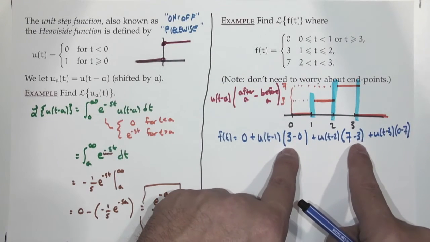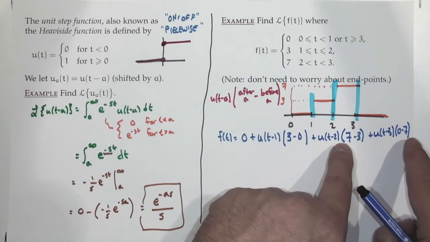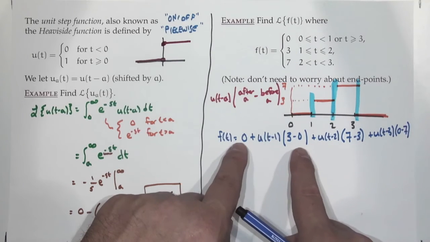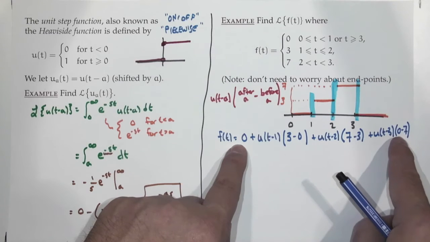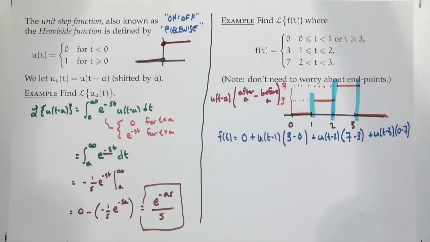Now if you're all the way out here, say at 4, everything's on. The 3 and the minus 3 cancel. The 7 and the minus 7 cancel. This 0 and that 0 cancel. And the only thing that's left is that 0. So that's why it works. It's this sort of cascading thing. If you have a piecewise function, you just have your on-off switches. Then you say, what happened before the on-off switch? What happens after the on-off switch? Take the difference.